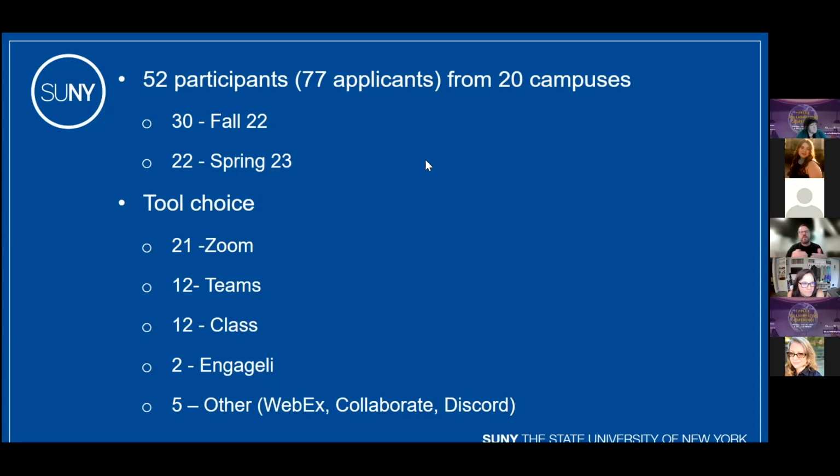In terms of tool choice, here's where we ended up. It would have been better if we had everybody using each tool equally, so if we had an even split among the 4 tools. But even though we did apply for IRB and we did try to be very consistent and uniform in our methods and our sample and all that, this is a real world research project. And so, initially faculty said they were going to use Class or Engagely, but then at the last minute said, I'm going to use Zoom, I'm going to use Teams.